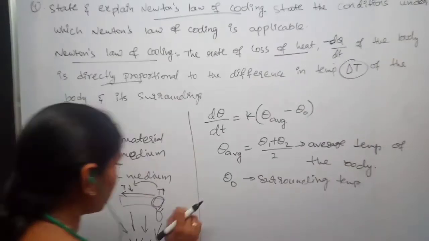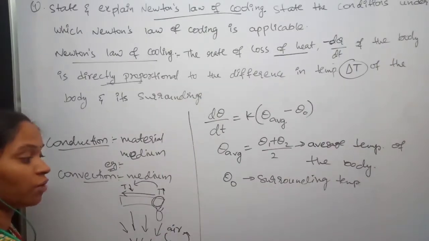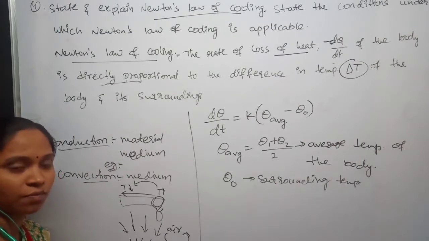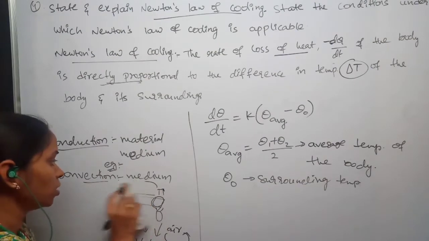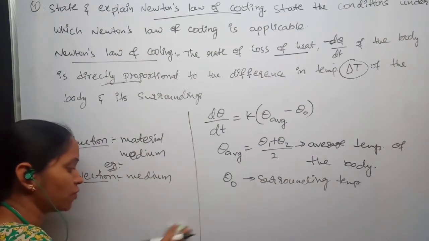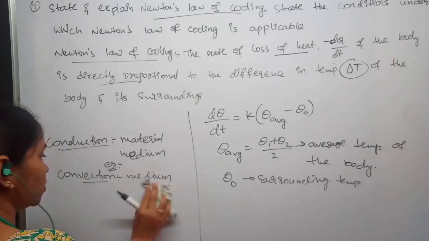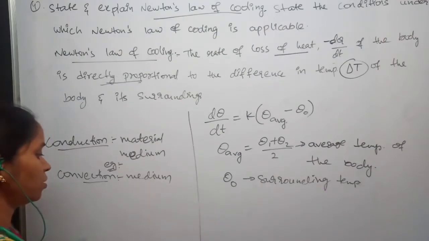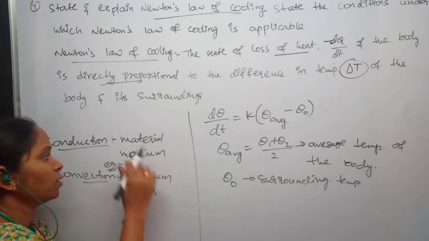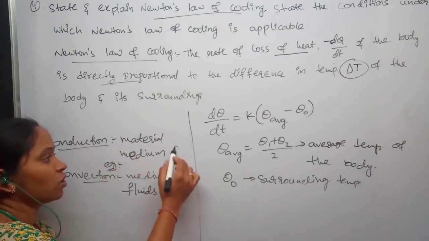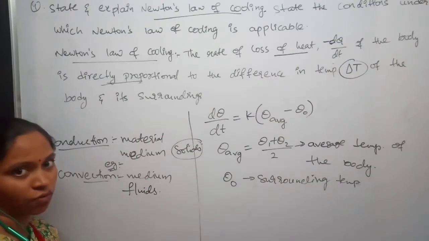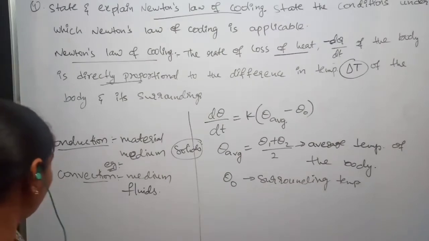And one more example is the stream flow of heat over the sea surface, the stream flow of heat between the earth surface and the sea surface water. Convection takes place in fluids. It takes place in between fluids. Conduction takes place in between solids. Solids are good conductors of heat, right?